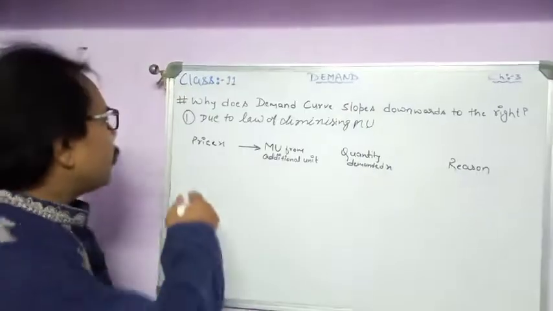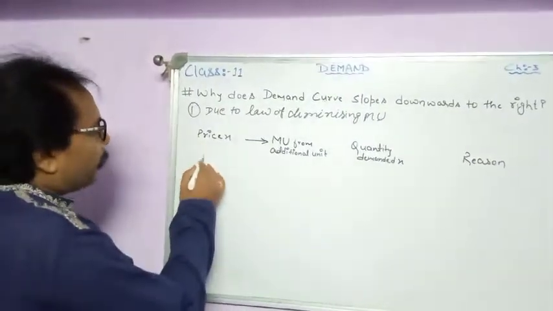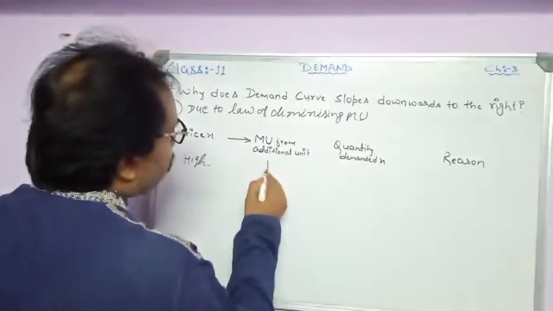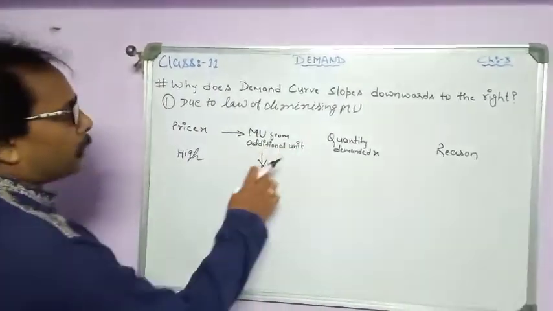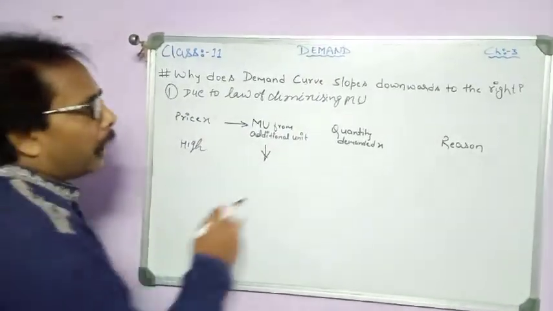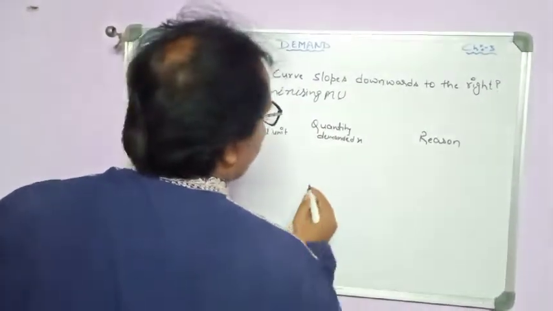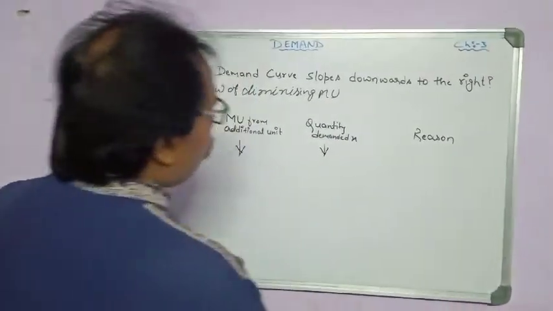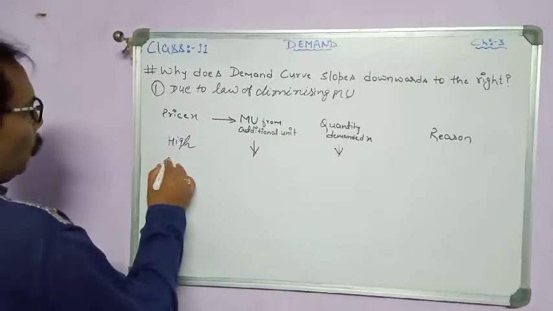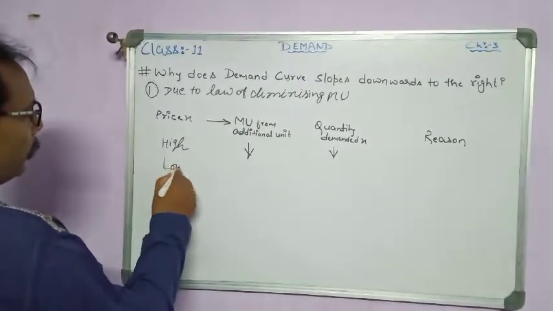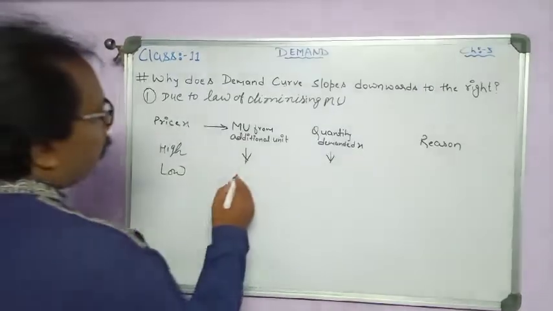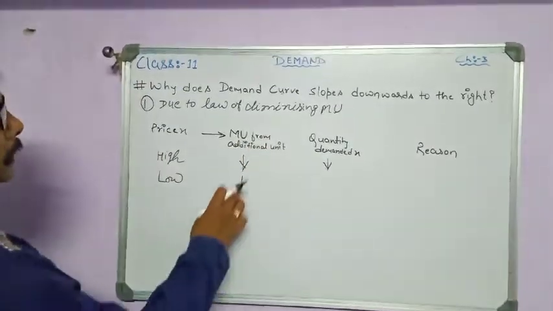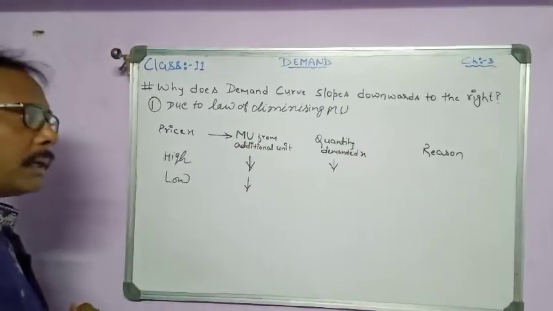So let the price of X be high. Then the marginal utility from each additional unit will decline and the quantity demanded of X will decrease. Okay? And if the price is low, again when a consumer consumes additional units, the marginal utility starts to decline.